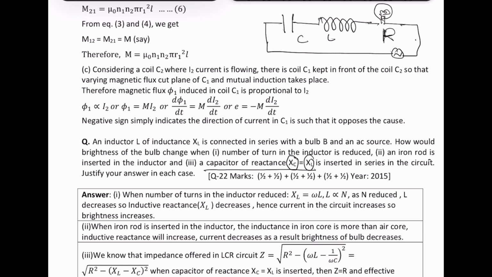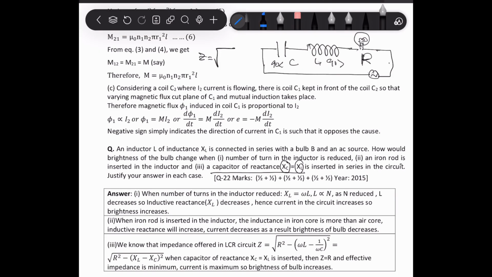Now in a capacitor, the current leads the EMF by 90 degrees, whereas in an inductance the current lags the EMF by 90 degrees. In other words, in a capacitor the current leads, the voltage lags by 90 degrees, and in an inductance the current lags, meaning the voltage leads by 90 degrees. So what is the total impedance in an LCR circuit?